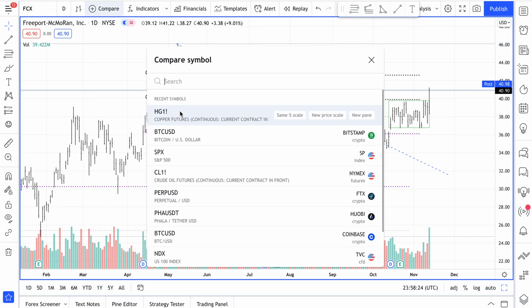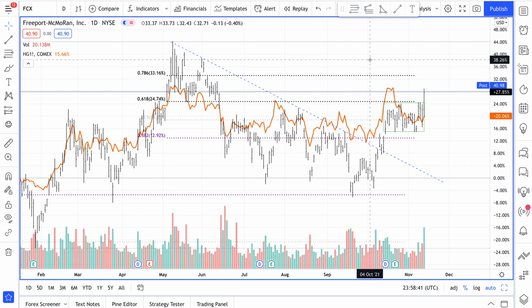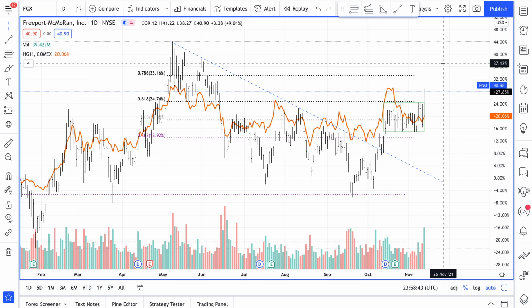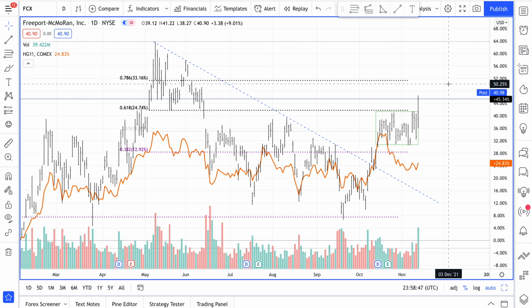Now, what we're also going to do is compare this with the price of high grade copper. I've chosen this compare function in TradingView, and HG is the symbol for high grade copper, and we are just going to select the current contract, the front running contract, and the yellow line plotted is the price of copper.